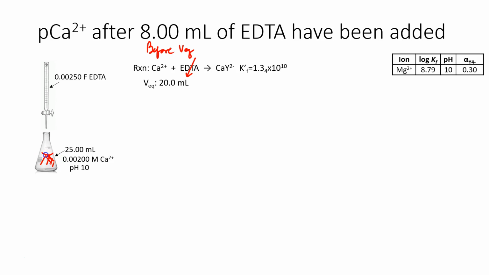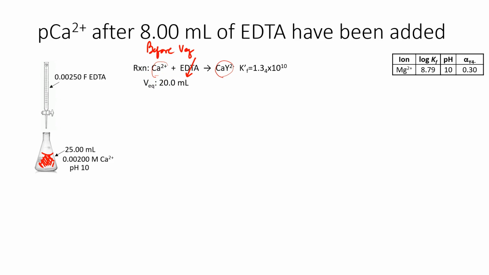So your solution will contain excess calcium and this complex. Now, do you think you're going to have to worry about the little bit of calcium produced from dissociation of this complex? Probably not. We just need to figure out how many excess moles of calcium we have at this point in the titration.